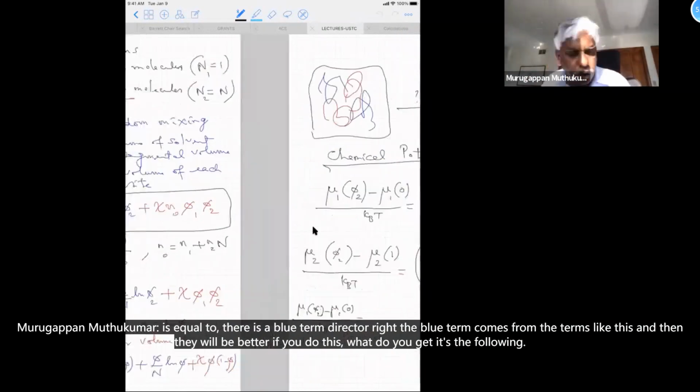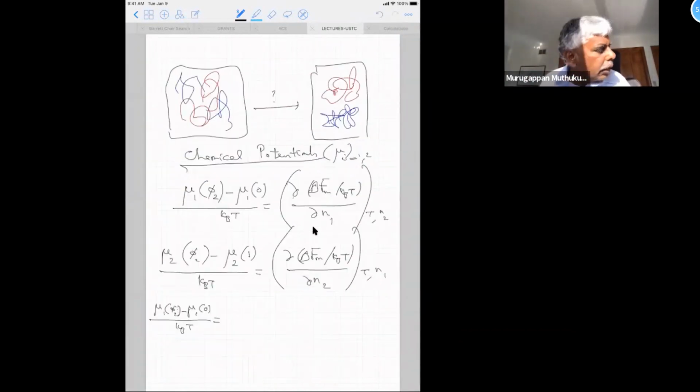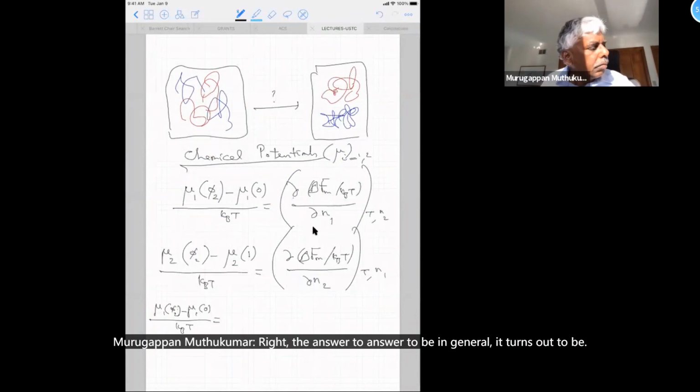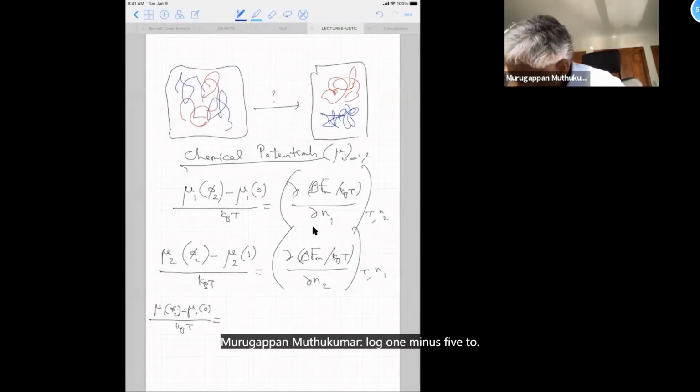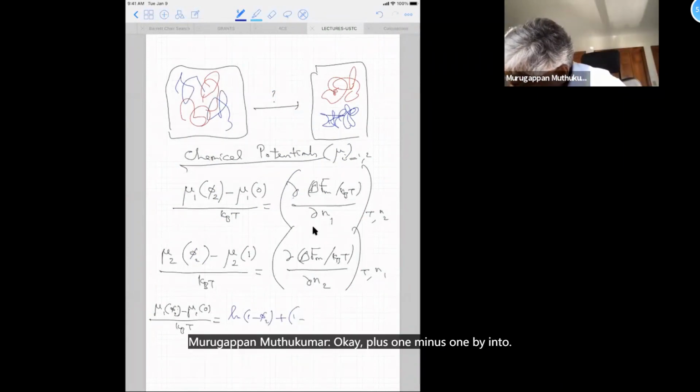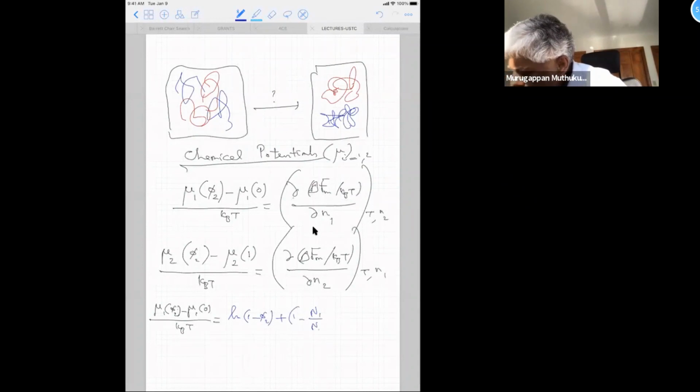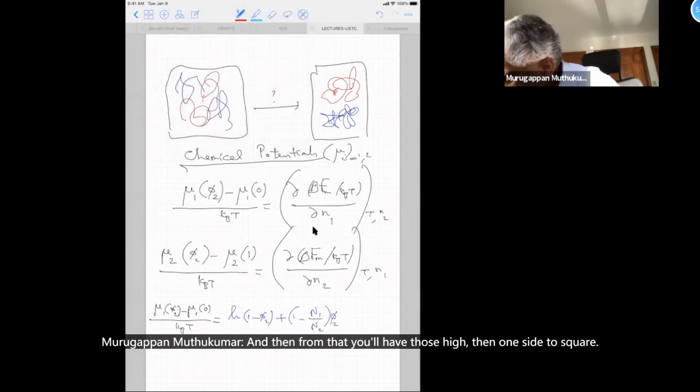If you do this, the answer turns out to be, in general, log of 1 minus phi2, plus 1 minus n1 by n2, times phi2, and then from the red term, you'll have plus chi n1 phi2 squared.